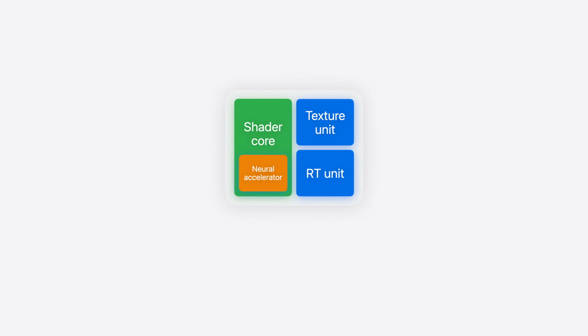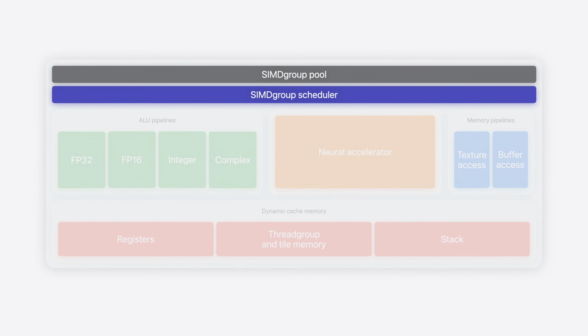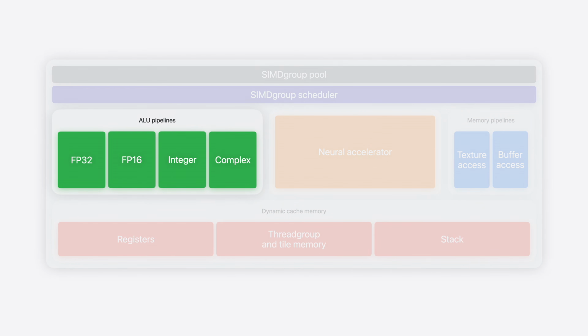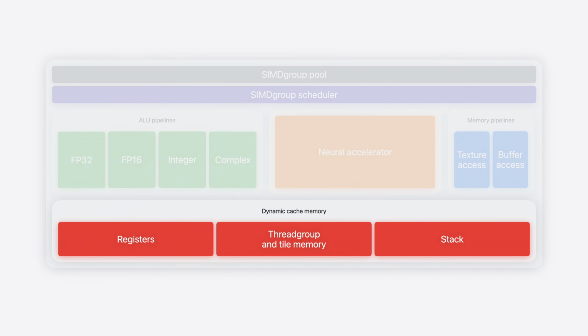If we zoom in to a single shader core, we can see that it is composed of a few key units. First, the scheduler blocks which schedule and dispatch SIMD groups onto the core. Next, the ALU pipelines, which execute the math operations in your shaders. Memory pipelines for reading and writing to textures and buffers, and the dynamic cache memory, which keeps all shader storage on chip.